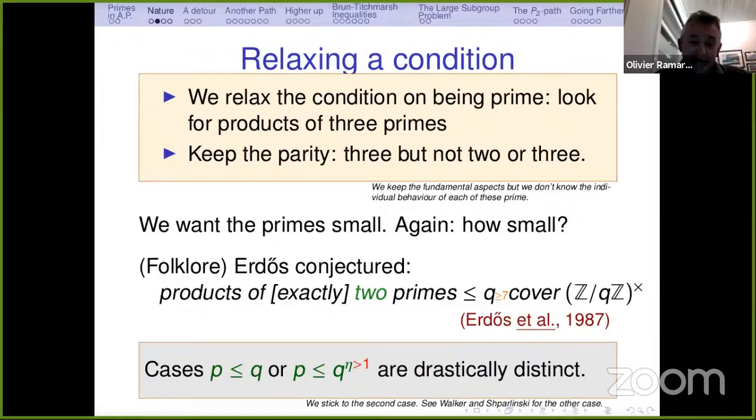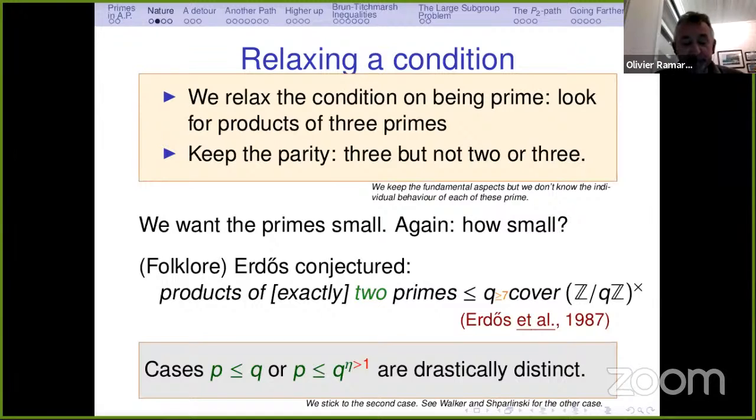I didn't have the opportunity of talking with Erdős about this conjecture because I discovered it only recently. Okay, but in the method, you should see that the cases p less than q and p less than q to some eta with eta strictly larger than 1 are completely different.